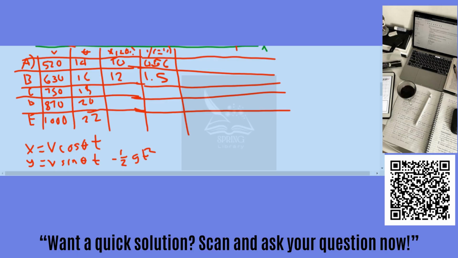I'm just putting this into Desmos, and I can change this easily. It's going to give me 14 and 2.7. Then 870 and 20 gives 16 and 4.0. So these are all in kilometers again. And the last one is 1,022.